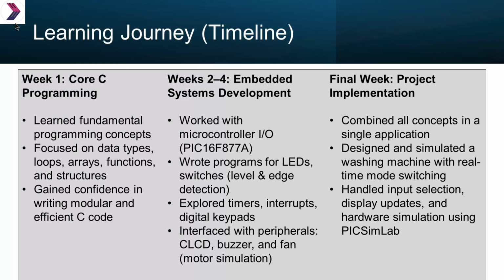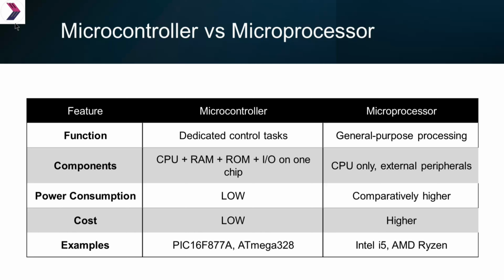Cost of microcontroller is low, but in case of microprocessor costs are very high. Some examples of microcontroller are PIC16F877A, ATmega328, and in microprocessor we have seen the Intel i5 and AMD Ryzen, which are used in laptops and computers.